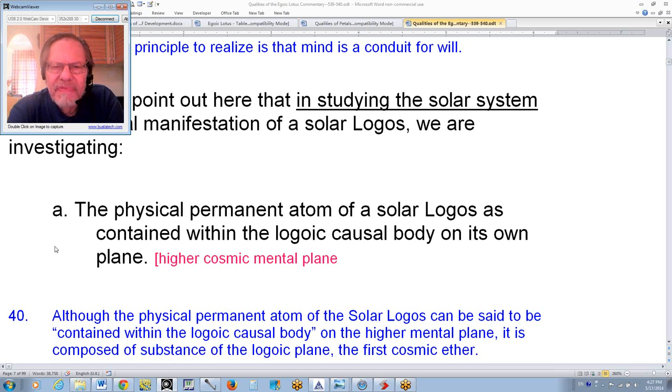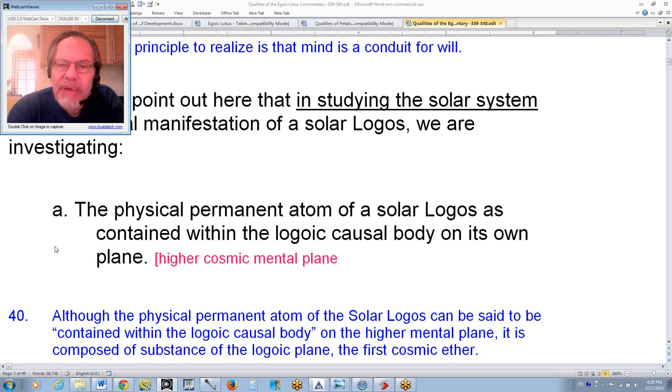So there is some kind of physical permanent atom on the higher, or at least contained by the matter, is it, of the higher mental plane, or the energy of the higher mental plane, and it's associated with Saturn. Saturn is a correspondence to the physical permanent atom of the solar logos.